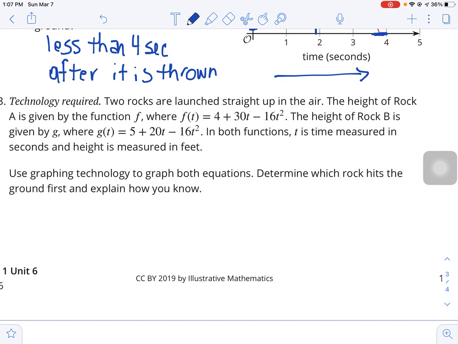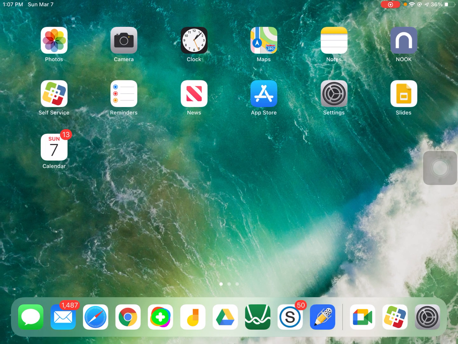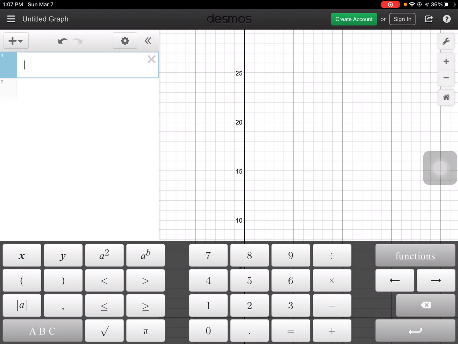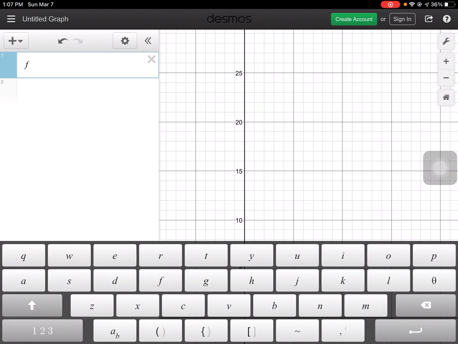So let's look at each of those. So we'll go over here to Desmos and get rid of that table from the previous problem and type in each of these functions. You can type them in as functions. I'll show you how to do that.